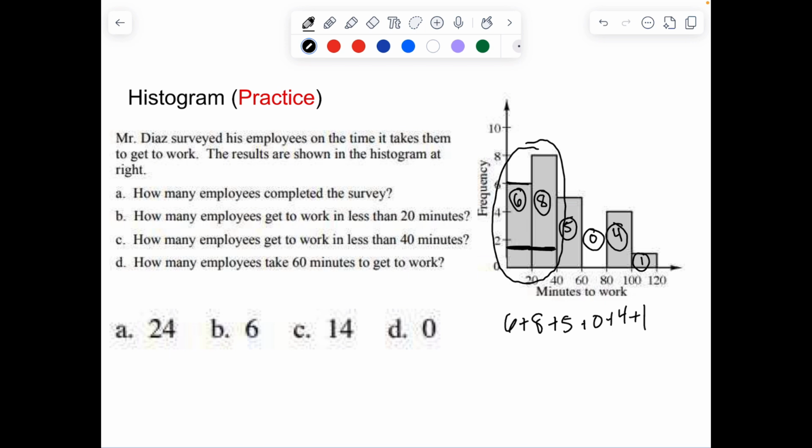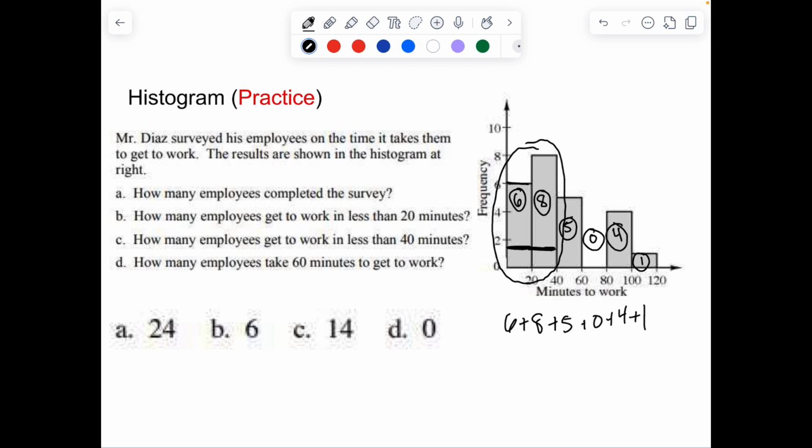The final question is how many employees take 60 minutes to get to work? Okay, so this is kind of a tricky question because it is asking you to find how many take exactly 60 minutes to get to work.